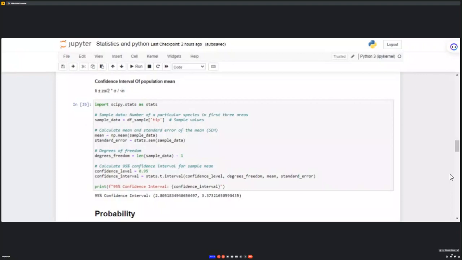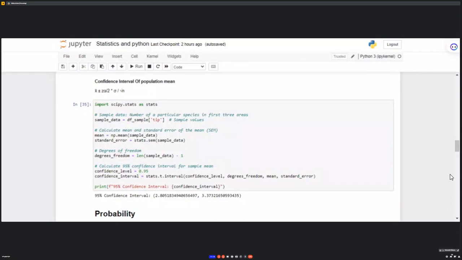And then I calculated the mean of that tip, and then the standard error. Standard error is the same as the standard deviation. My degrees of freedom is n minus 1. So n here is going to be the length of that column minus 1. Because my sample was 100, so here it is 99.